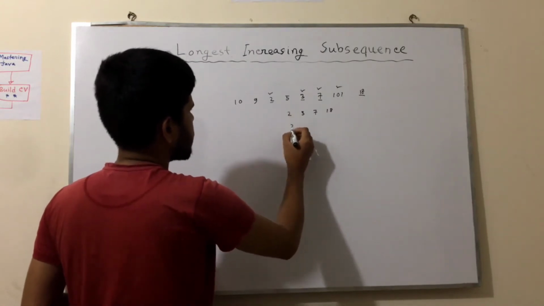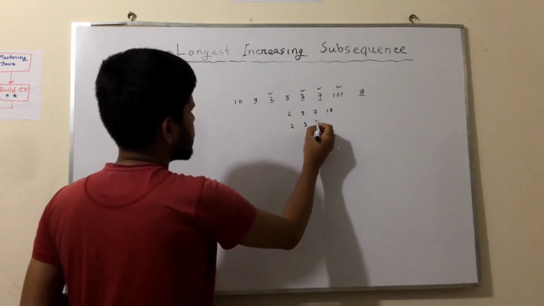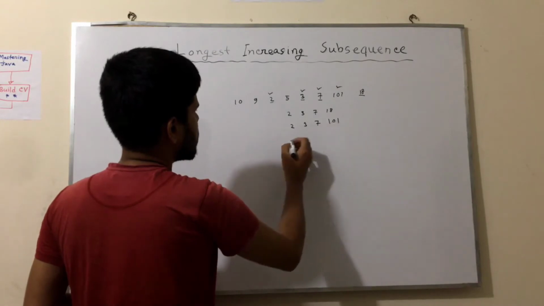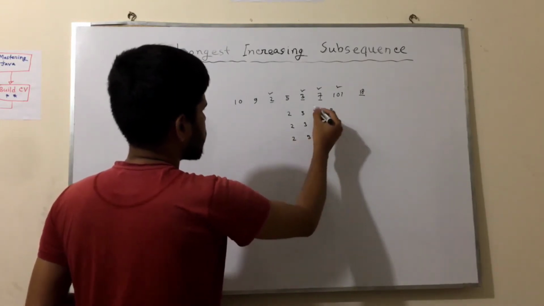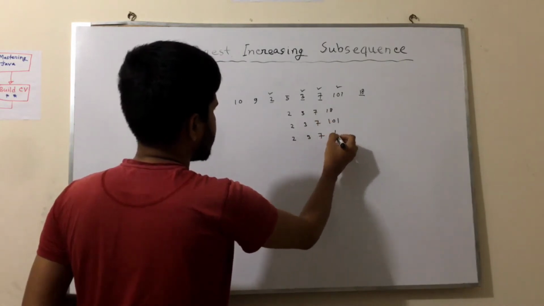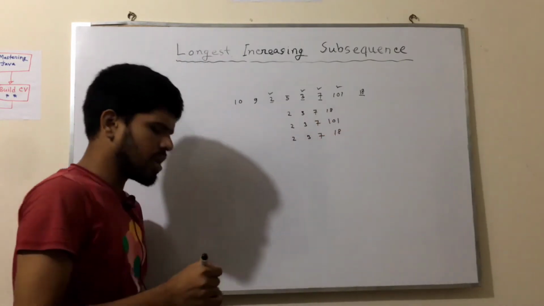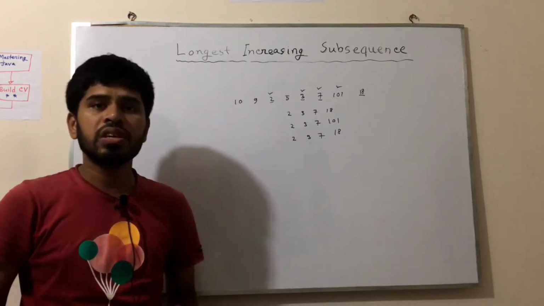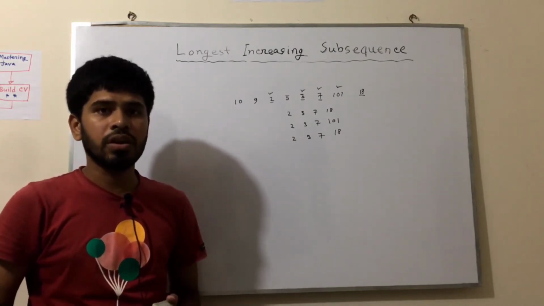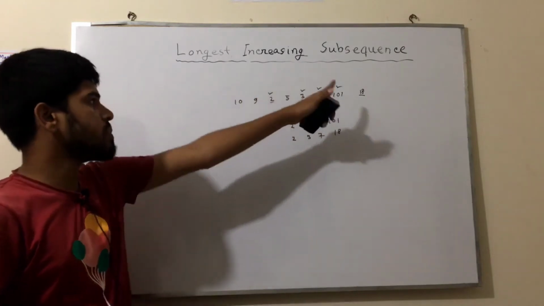It also can be 2, 3, 7, 101. We see that we can have multiple longest increasing subsequences.